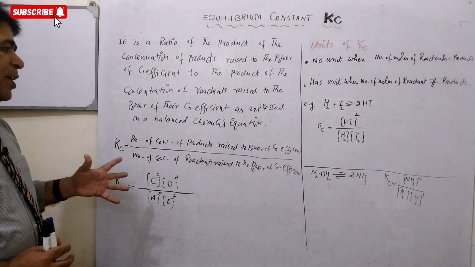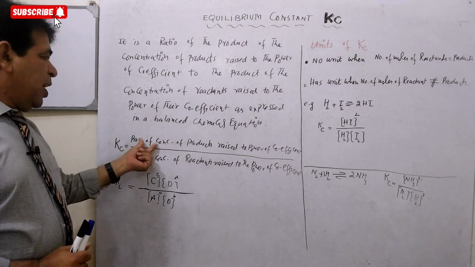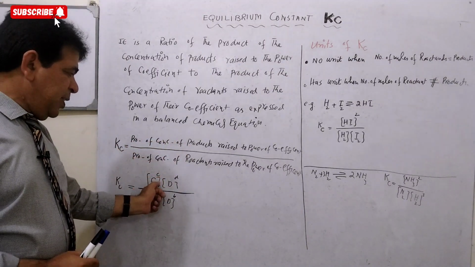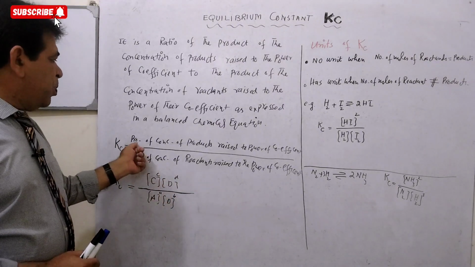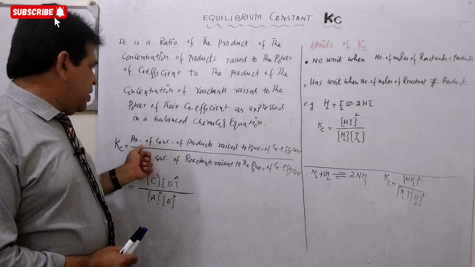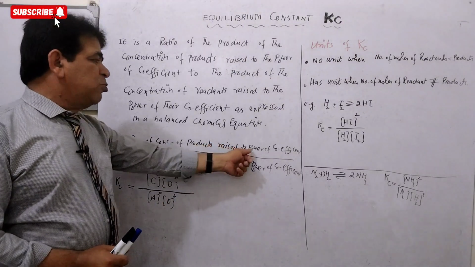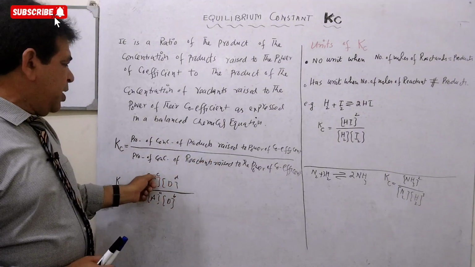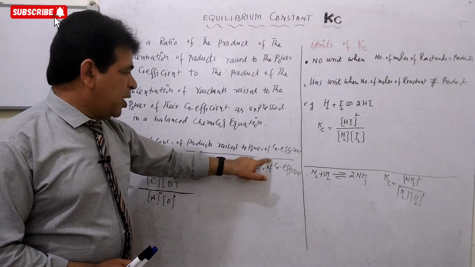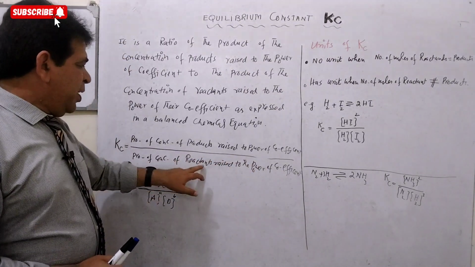So now you can understand, dear students, that Kc is the product of the concentrations of the products. Product means C and D are multiplied with each other, raised to the power of their coefficients, small c and small d, over the product of the concentrations of the reactants.